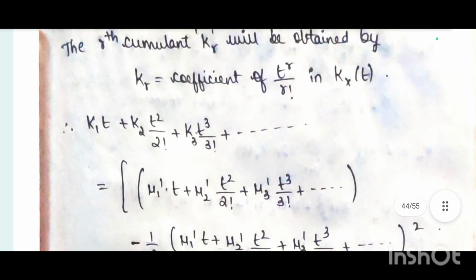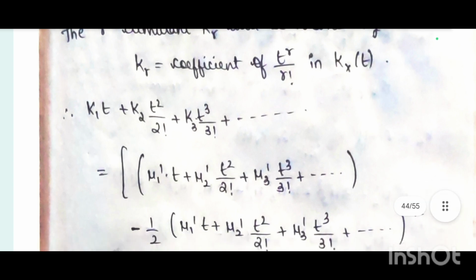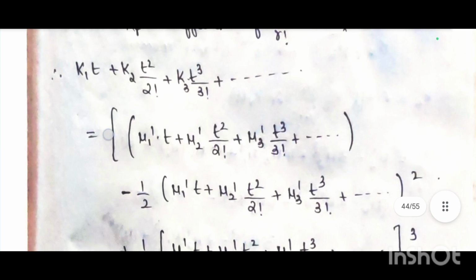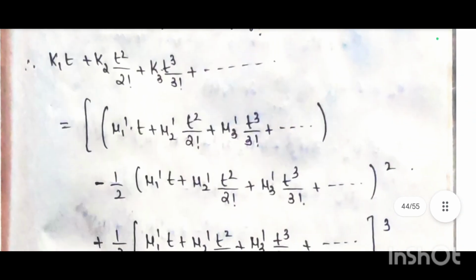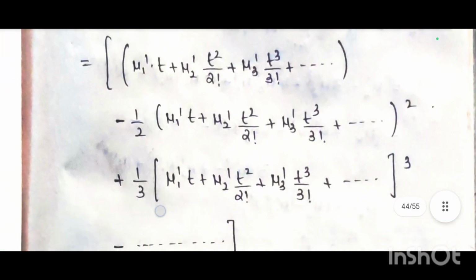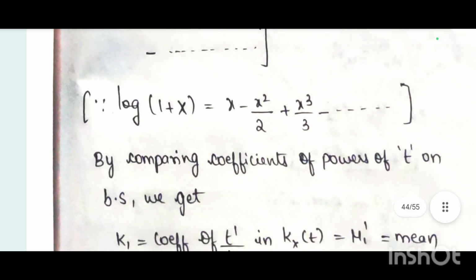So mu1 dash into t plus mu2 dash into t square divided by 2 factorial and mu3 dash into t cube divided by 3 factorial and so on, minus 1 by 2 of mu1 dash into t plus mu2 dash into t square and so on. This is the second power. Next, this is the third power and so on. Logarithm of 1 plus x is equal to x minus x square by 2 plus x cubed divided by 3 and so on.